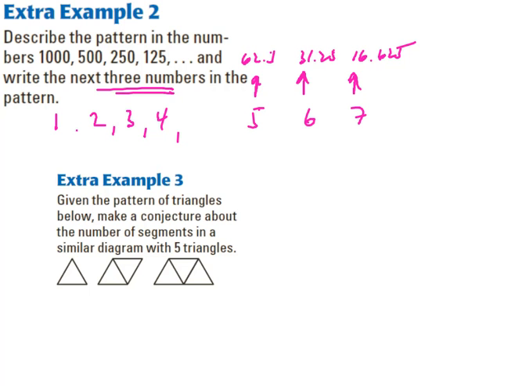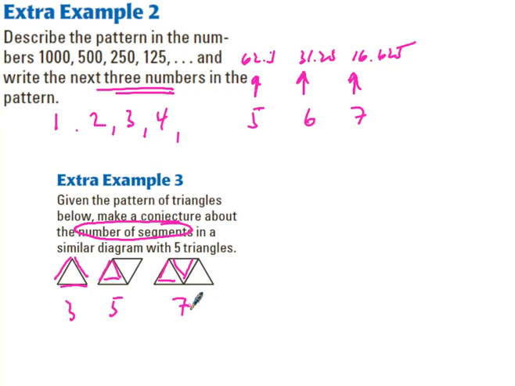Down here, it asks us to find the number of segments and make a conjecture about what's going to happen here. So we have this first one, we have 1, 2, and 3 segments. The next one, we had those same original 3, and then they added 2 more, so 5. And here we have those same original 5, and they added 2 more, which gave us 7.